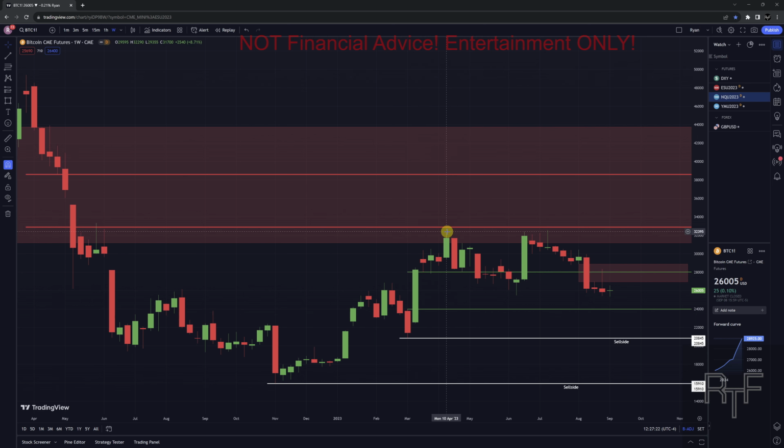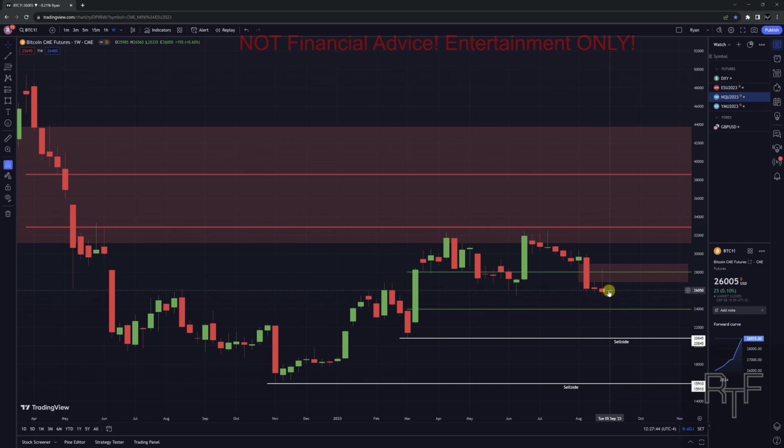Price went up into the breaker, went down about halfway of this weekly BISI. Price went back up and just barely swept above the high here, retraced back down and swept the low down here. Created a weekly SIBI, traded into it and away from it.